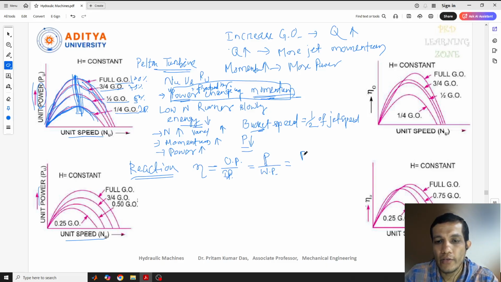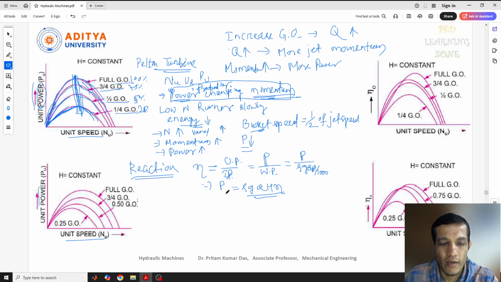The power produced is rho g Q H by 1000. If I write the power terminology, power equals rho g Q H into efficiency; the 1000 can be multiplied in if you want kilowatts.